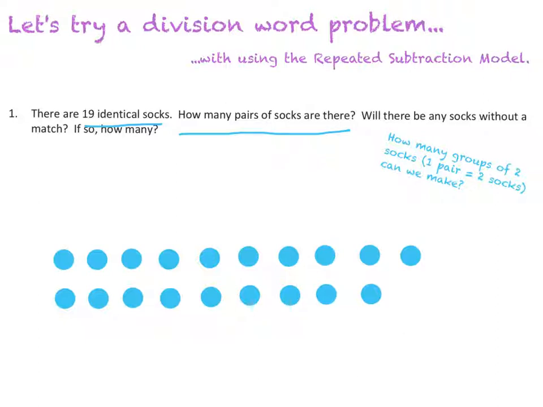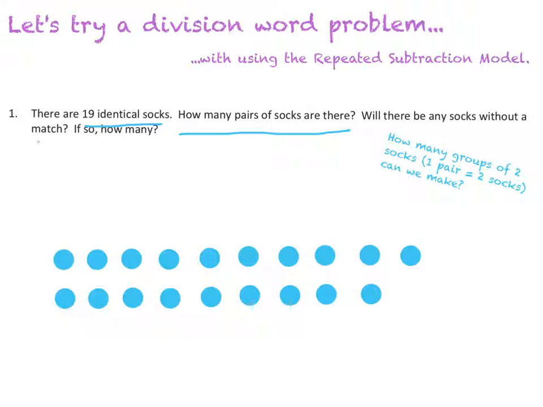So let's take this repeated subtraction model and figure out how many pairs of identical socks we can make out of 19. We have to remember that 1 pair equals 2 socks. So every time we subtract, we're going to be subtracting by 2.